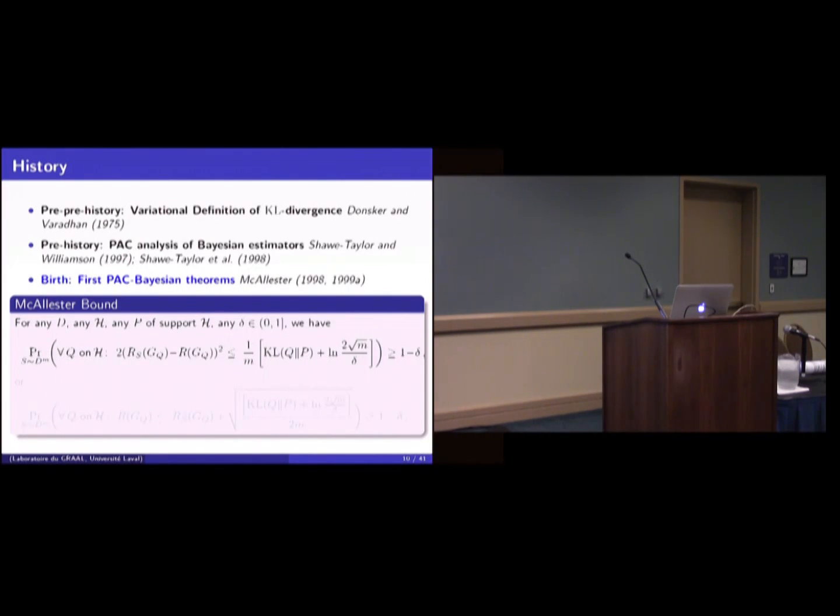For any majority vote, the difference between the true generalization error of the Gibbs and what you see on the data is always bounded by the difference between what you think a priori should be your majority vote and what you decide to be your majority vote, and a complexity term that is not so big.